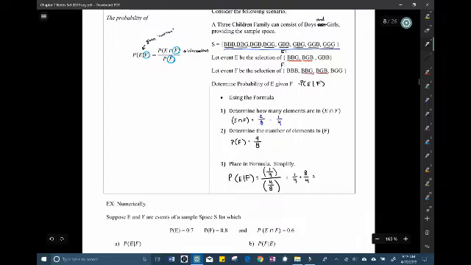Keep, flip, change. You end up with 4/8, 0.5, which I should have known either way, equals 1/2, or your probability is 50%. You'll get the hang of this. It's just getting over this scary looking formula.